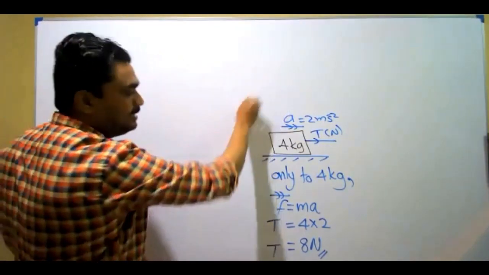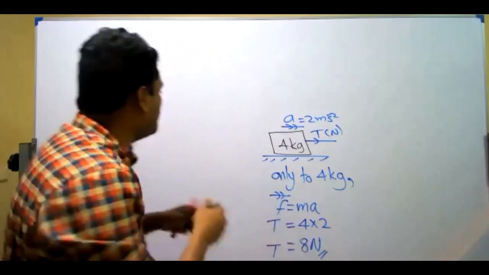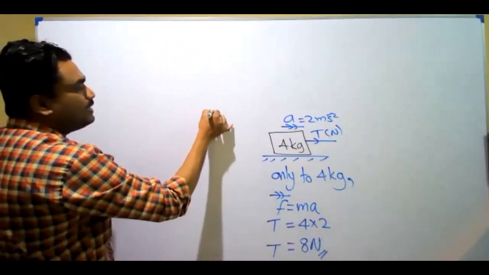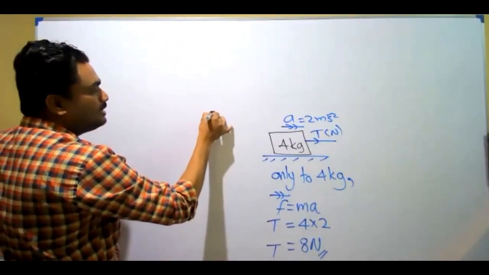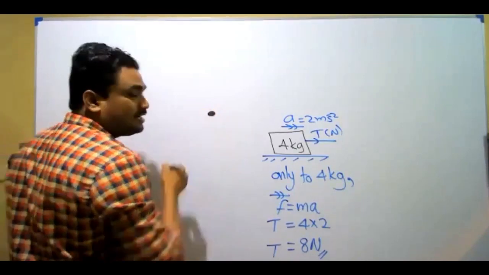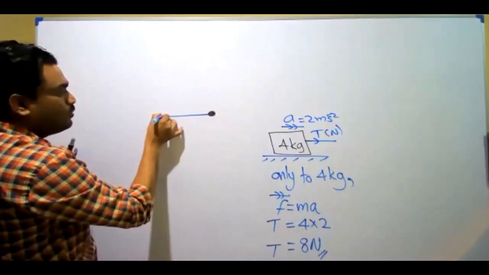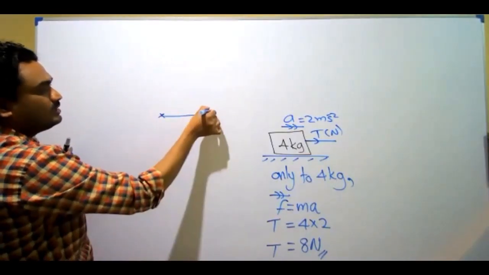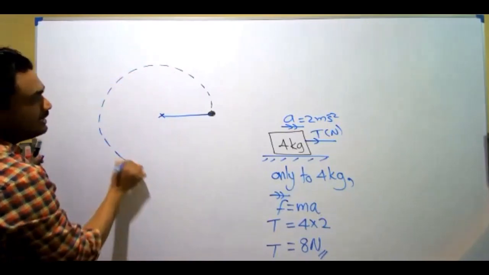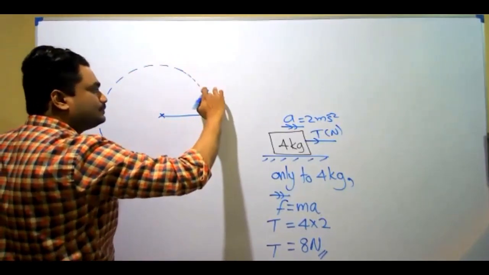Right. Let's say we take a small metal ball, and that metal ball is connected to a string. The metal ball is moved along a circular path like this. Then what can we observe here?